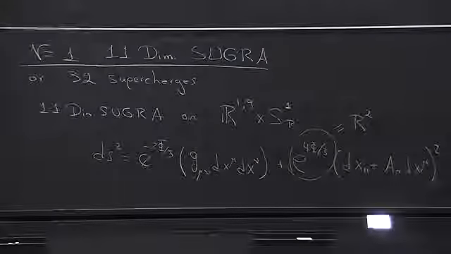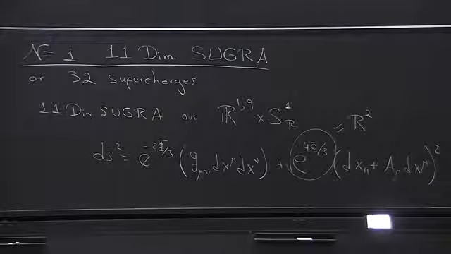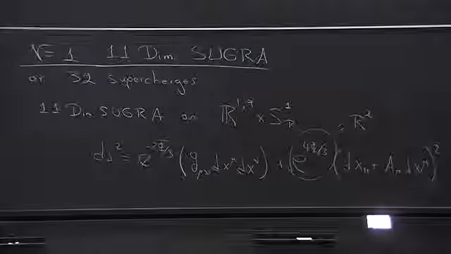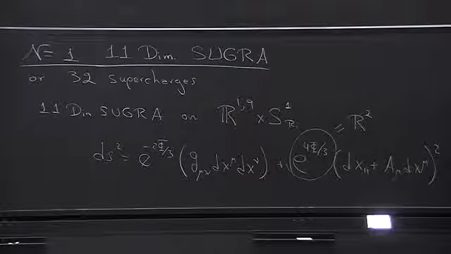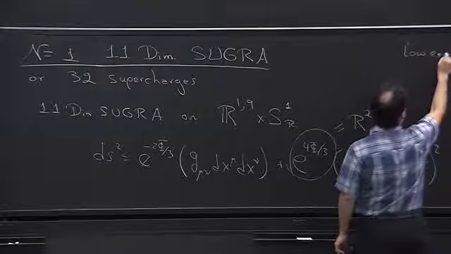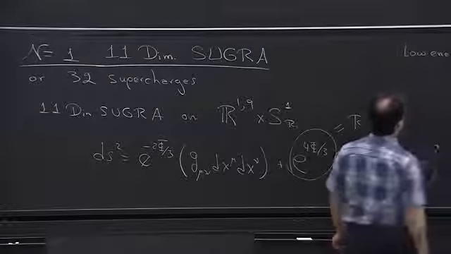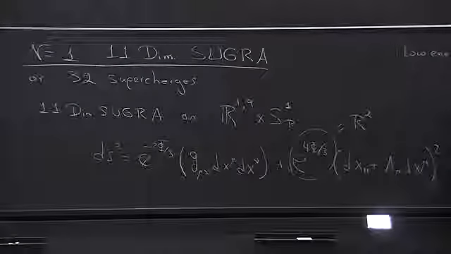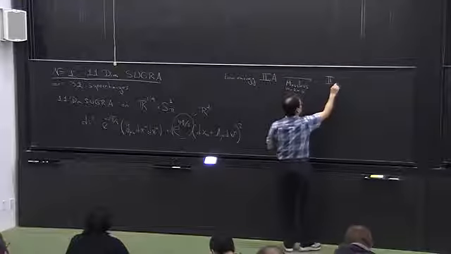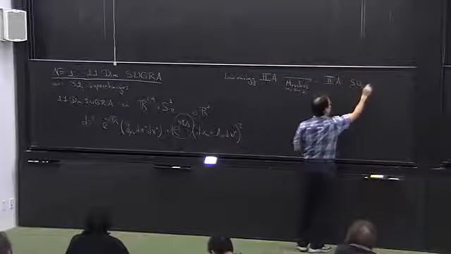The reason it's called type 2A is not just by chance, that also our string theory that we discovered in 10 dimensions was called type 2A. The reason they are both called the same is that the low energy effective action of type 2A, if you only consider the massless modes, gives you type 2A supergravity.